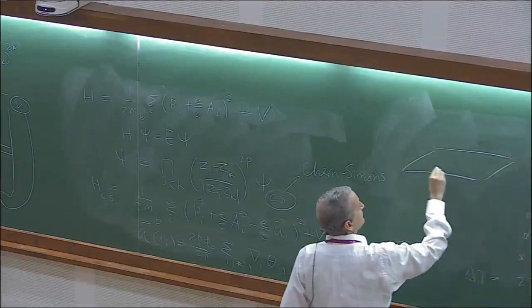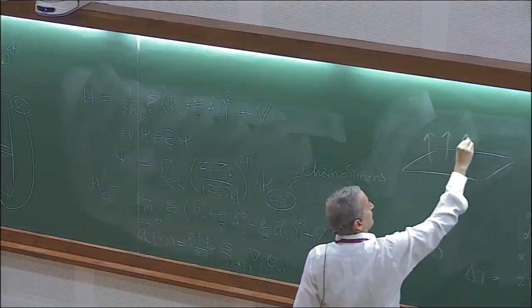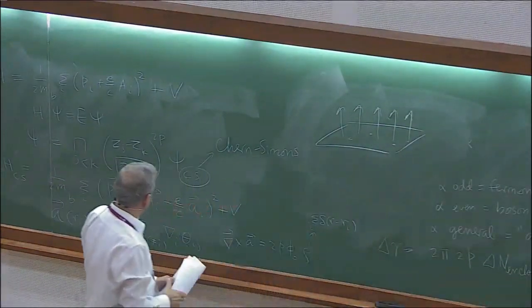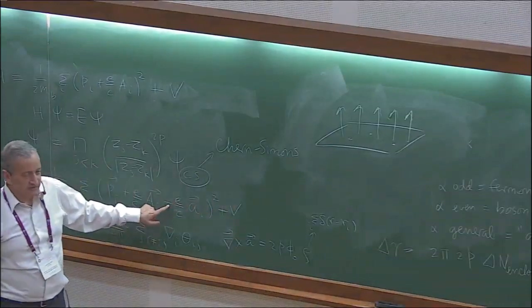And this vector potential, notice it has a minus sign. So it's attaching 2p flux quanta in the direction opposite to the external magnetic field.